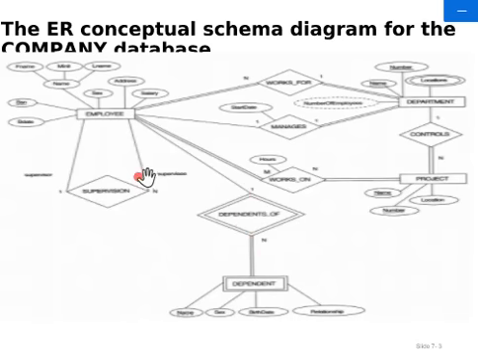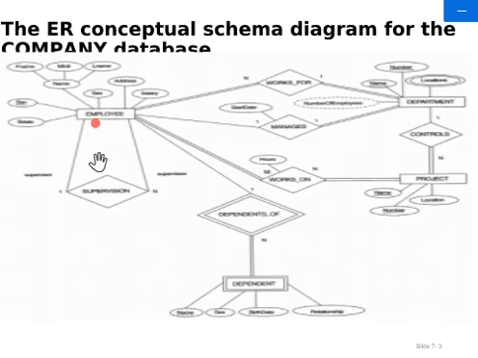When I come to the relationship supervision, this type of relationship we call a unary relationship. Why? If you see works for, two different entities, employee and department, are connected to it.